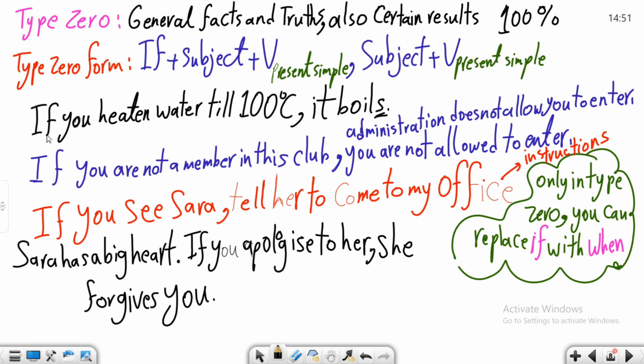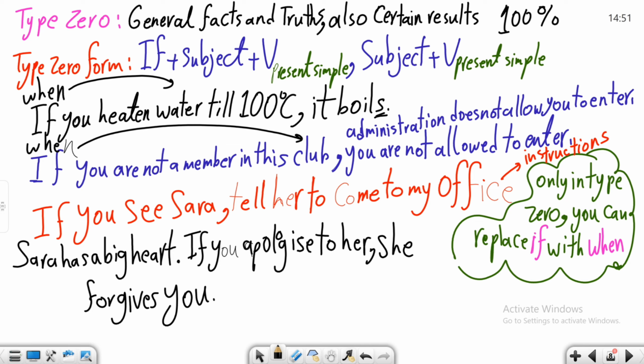For example, I say, when you heat water to 100 degrees Celsius, it boils. And here, my friends, I say when, because I am sure that this is correct every time you heat the water. Second example, when you are not a member in this club, you are not allowed to enter. It means whenever, all the time, this is true.